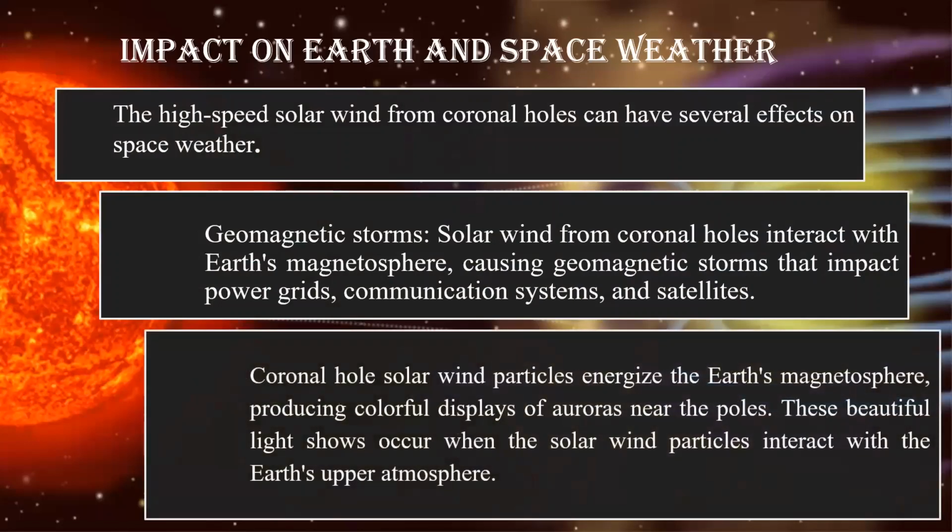Coronal hole solar wind particles interacting with Earth's magnetosphere produce colorful displays of auroras near the poles. These beautiful light shows occur when the solar wind particles interact with Earth's upper atmosphere.